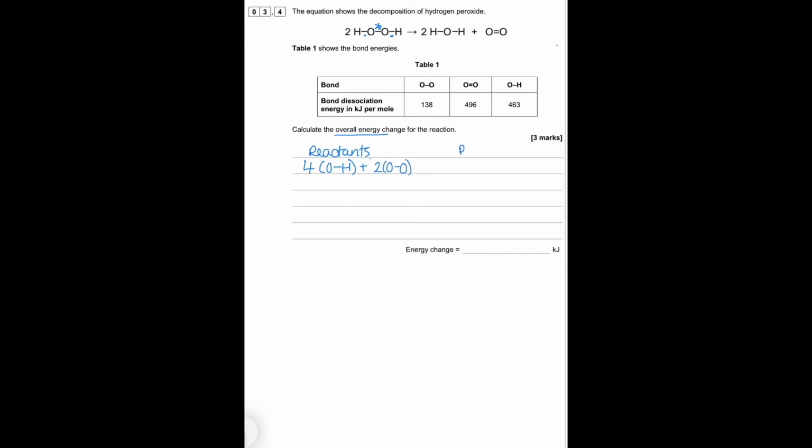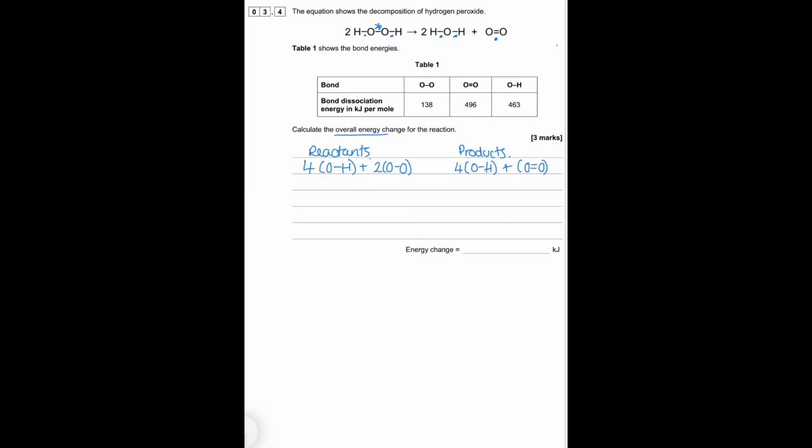And then for our products, we can see we have an oxygen to hydrogen bond there, an oxygen to hydrogen bond there, but we've got 2 of these molecules, so we have 4 oxygen to hydrogen bonds. And then for our second product molecule, we've got an oxygen to oxygen double bond, so that's just 1 oxygen to oxygen double bond.